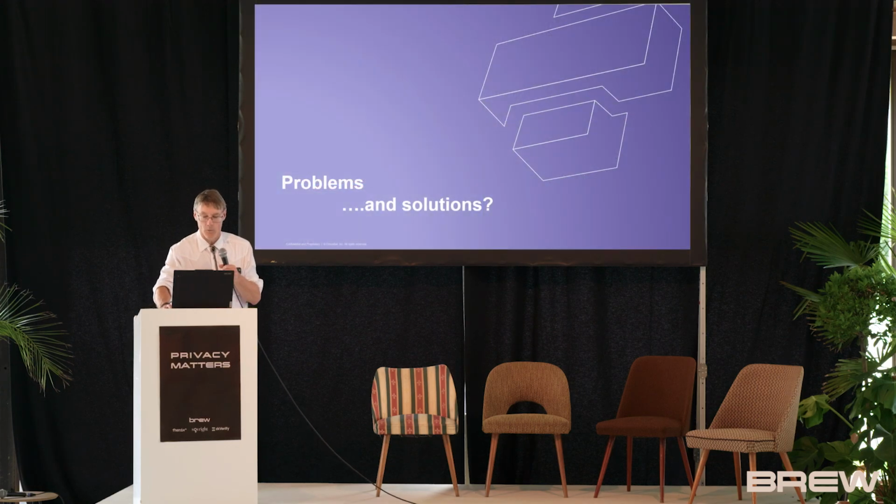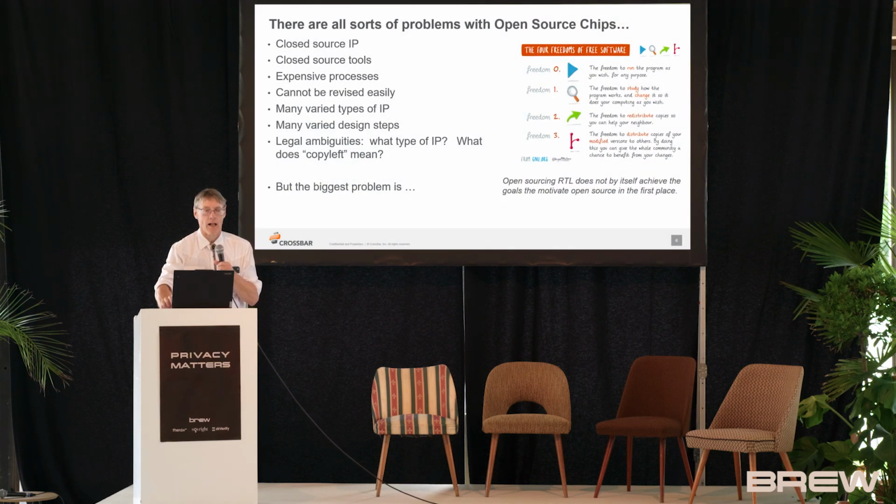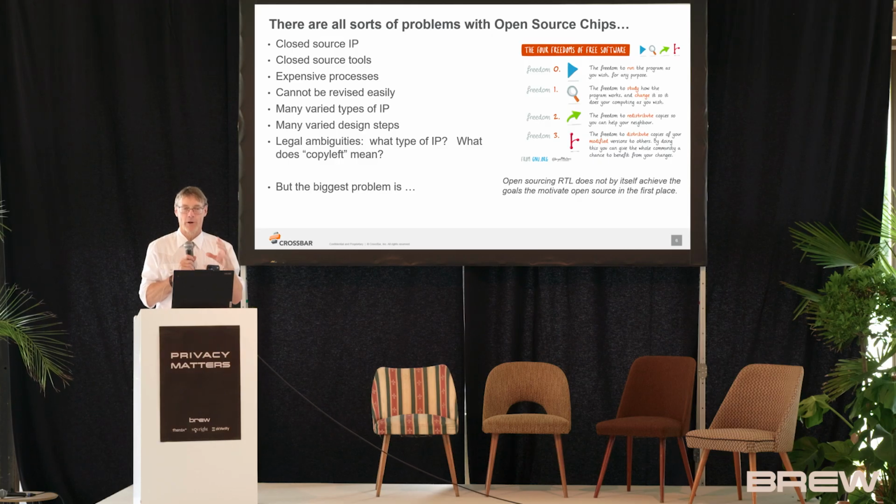So with that, I'll pass on to "sounds good in theory." What are some of the problems, and are there solutions? I'm not going to go through the right side of this too much, but I would encourage you to think about it. People would say, "Well, you publish the source materials." Okay, there's diverse source materials, and does publishing those actually enable the freedoms that you think of when you think of open source software?